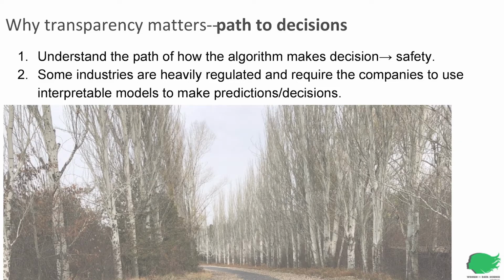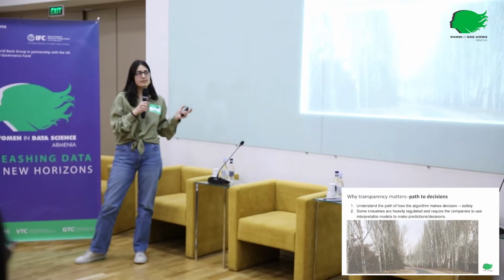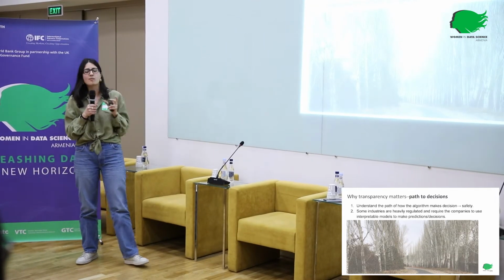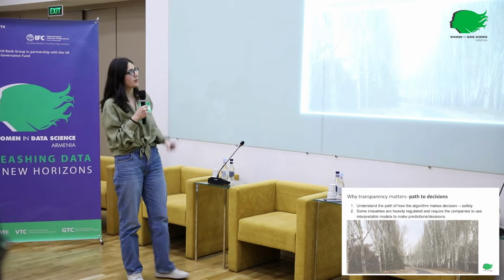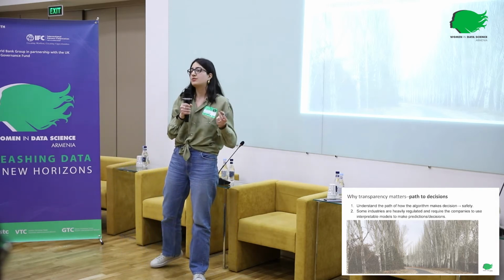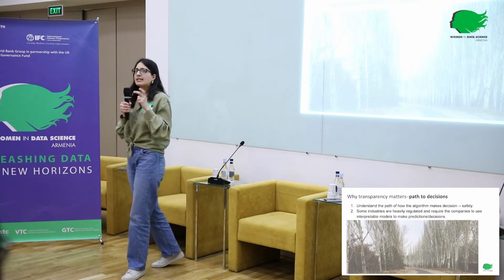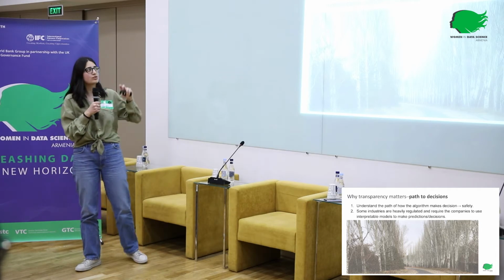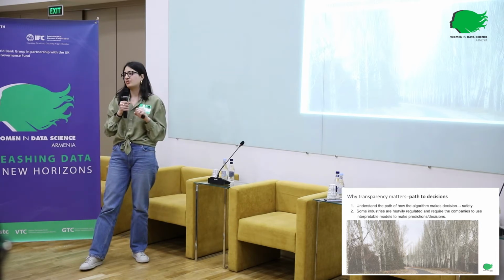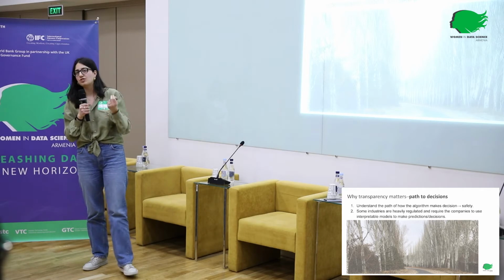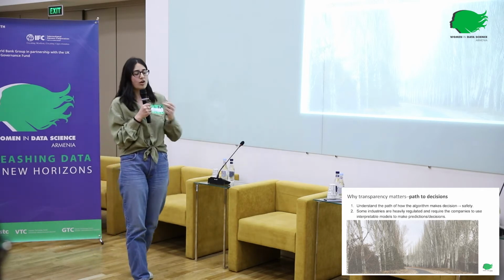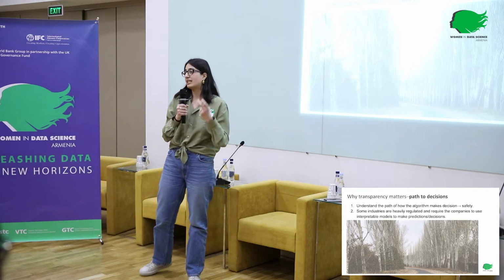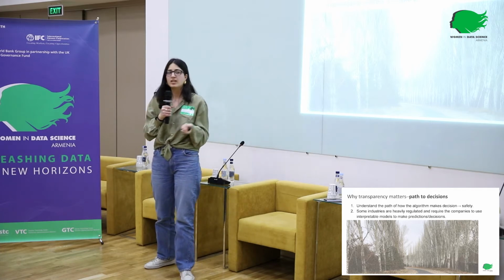On top of that, which is more important, there are industries which are very highly regulated, especially in the US, and I think it's becoming more of a standard worldwide. And one of those industries is finance. And the governments, they impose those regulations on those industries so that those financial institutions make non-discriminatory decisions, so that those decisions are fair.